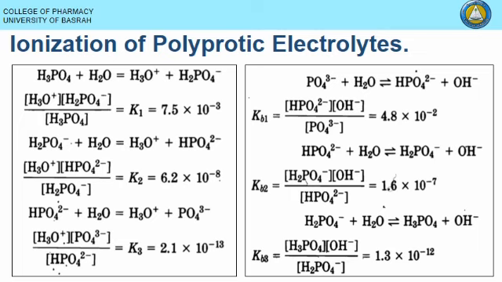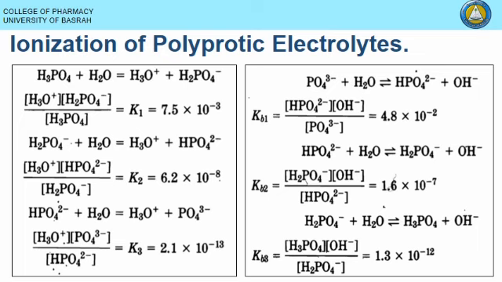Why do we have different values for the Ka? In the beginning, we need to take the hydrogen ion, the proton, from the neutral H3PO4, but in the next step, the negative charge of the HPO4 minus 2 makes it more difficult for water to remove the proton from the phosphate ion, and this is reflected by the small value of the Ka.